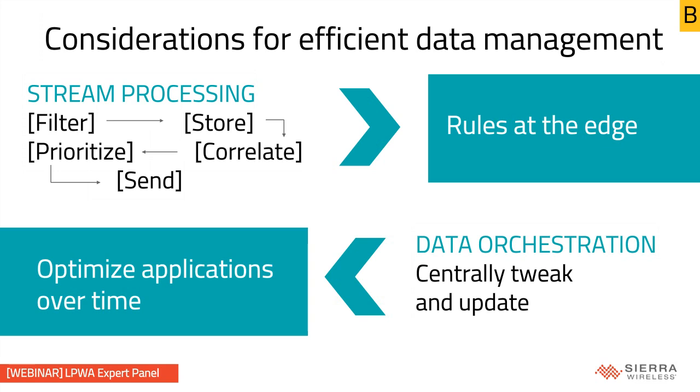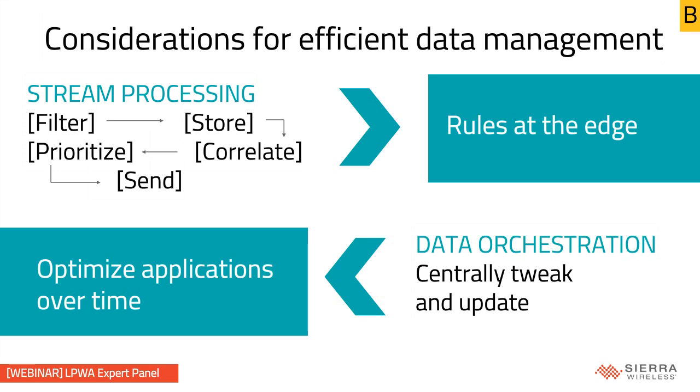And having the stream processing capability at the edge will allow us to make the best use of our network resources and the best use of our battery. The other consideration to make is that these stream processing rules at the edge are very likely to need to be updated over time.